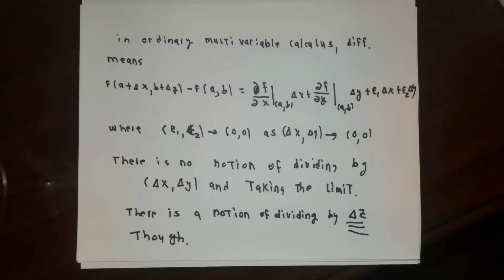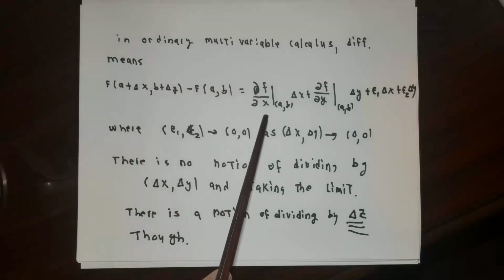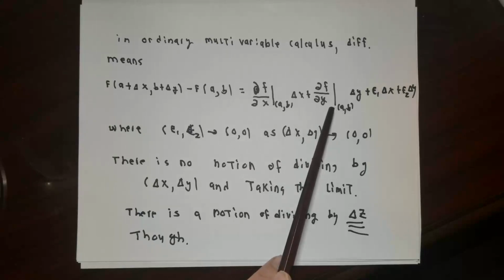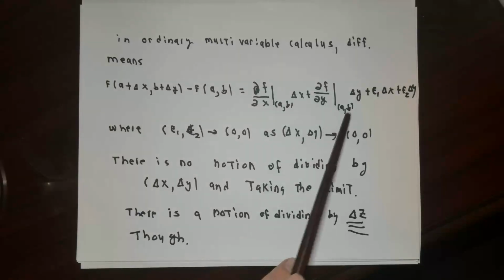In ordinary multivariable calculus, the type that you do in third semester calculus courses, you say that a function of two real variables is differentiable if you can do this: if the change in the function value can be expressed as the partial of f with respect to x at the point you're interested in times delta x, plus partial of f with respect to y at the point of interest times delta y, plus epsilon 1 delta x plus epsilon 2 delta y, where the epsilon 1 and epsilon 2 both go to 0, as delta x and delta y both go to 0.